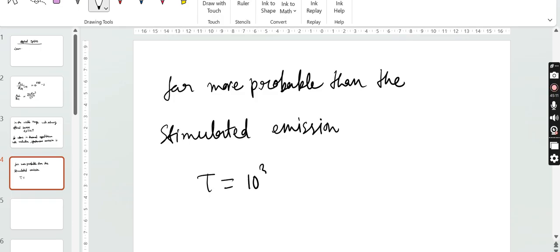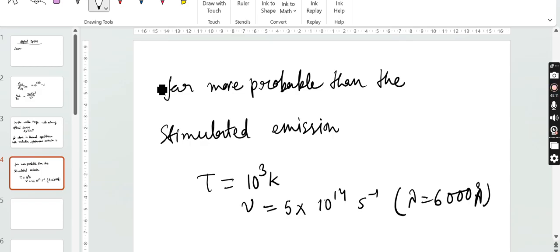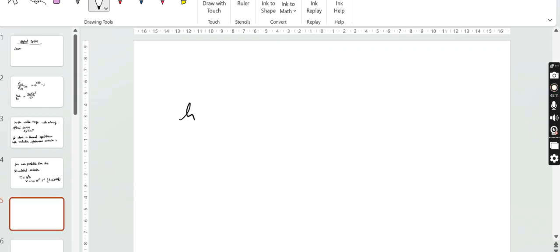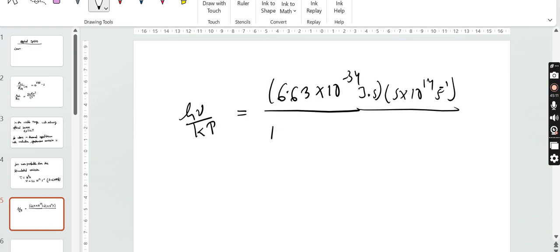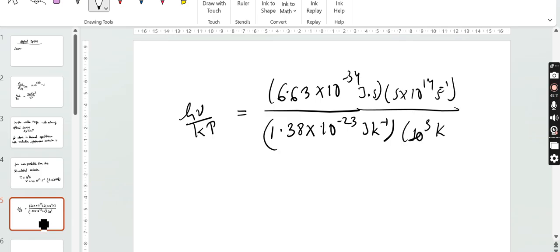As an example, for T equal to 10 to the power 3 Kelvin, nu is 5 times 10 to the power 14 hertz, which is in the visible range, around 6,000 angstrom. So h nu by kT comes to about 24.